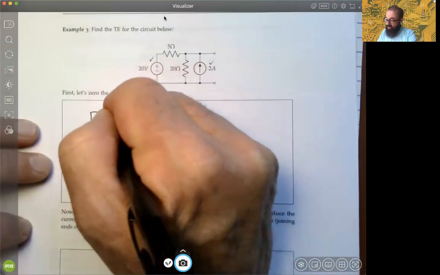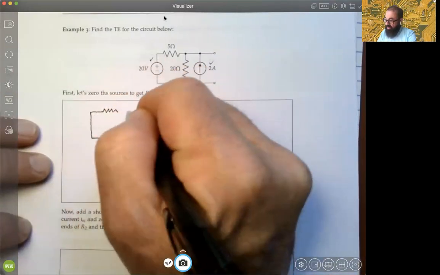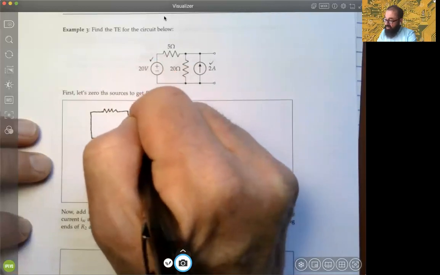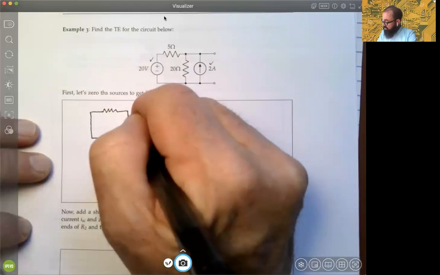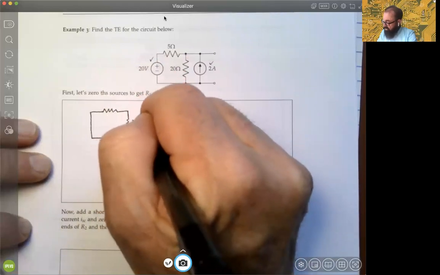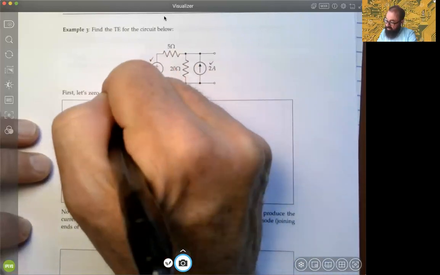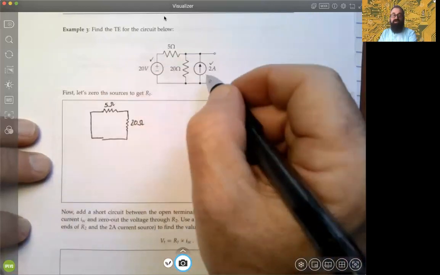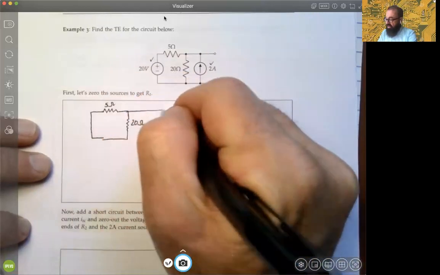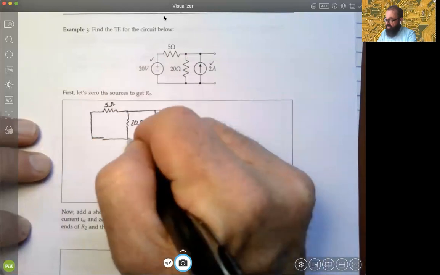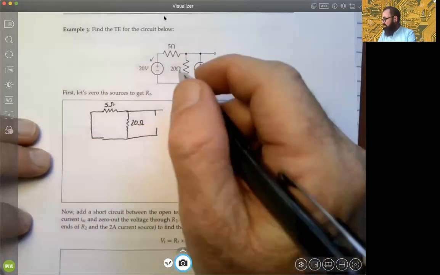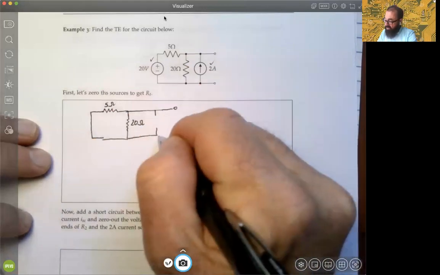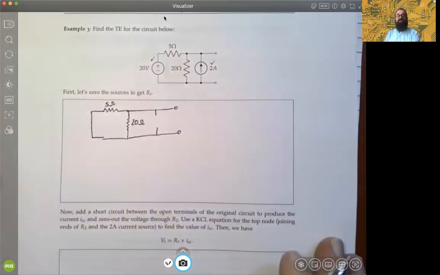We would still have the 5 ohm resistance connected to the 10 ohm resistance, the 20 ohm resistance here. And of course, we're zeroing out the current source, so that's an open circuit. So we'll just represent it that way. It's an open circuit, and then we continue on to the original terminals that we had for the original circuit.